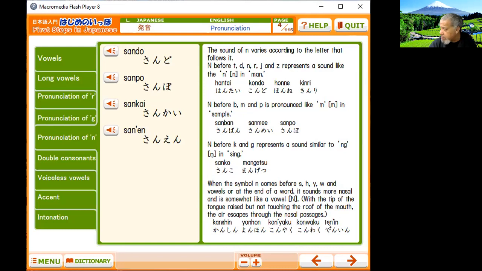Please pronounce them. 3円 関心 四飯 甘浴 こんにゃく 翻訳 店員. It's difficult for us to pronounce.